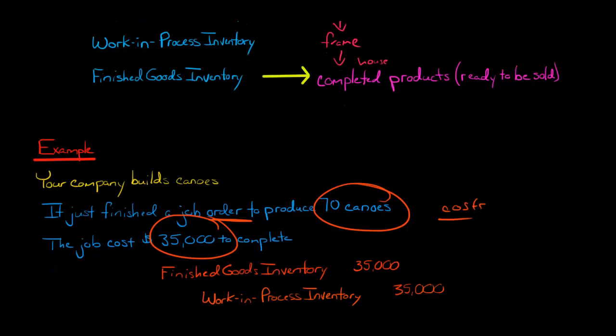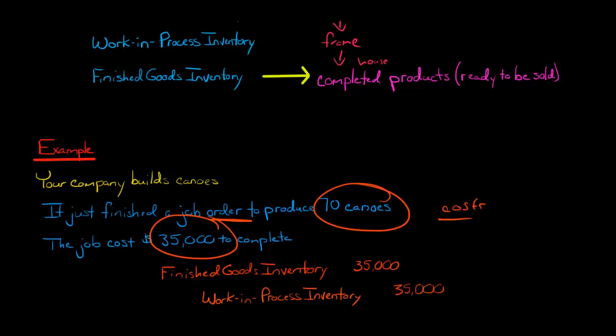So, $35,000 job, you just finished it. So it was work in process inventory because you were working on it, right? So you had made prior journal entries when you originally bought the wood or whatever to get the canoes, you had debited raw materials inventory. Then at some point you started processing the materials, you added some labor, you got work in process inventory.